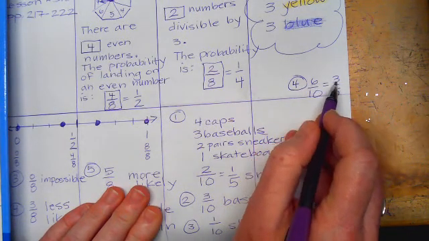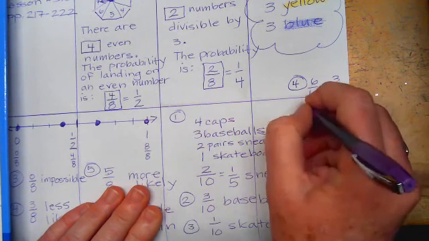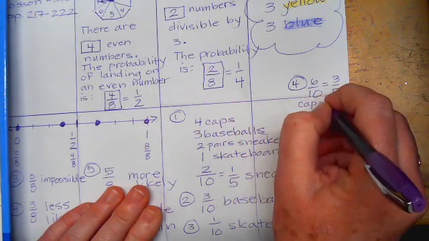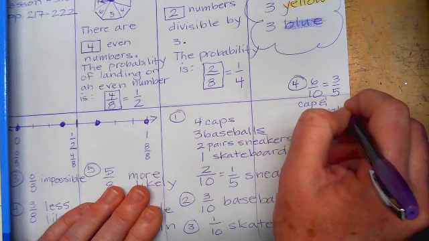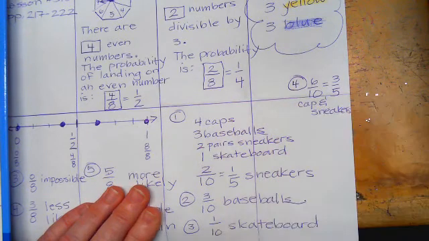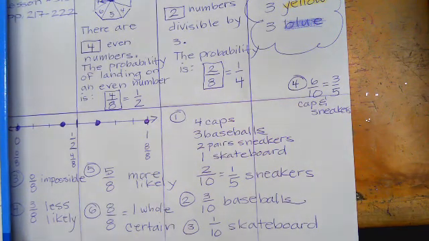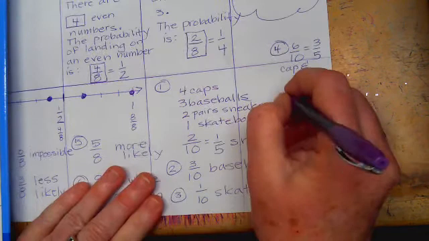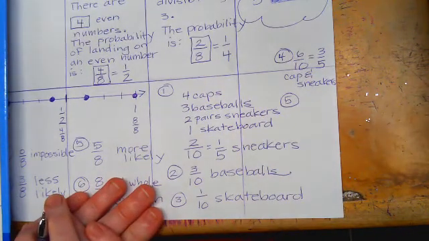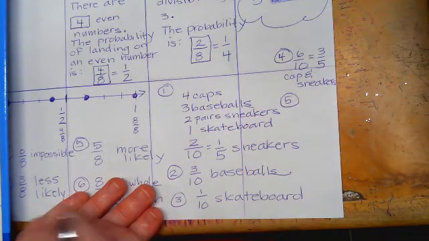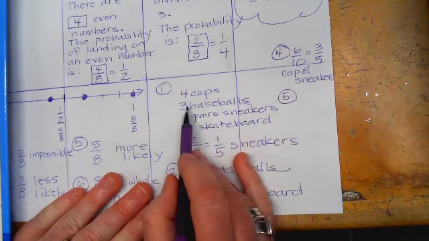We could divide by 2 on the top and 2 on the bottom and we get 3/5. So he has a 3 out of 5 chance of getting a cap or sneakers.